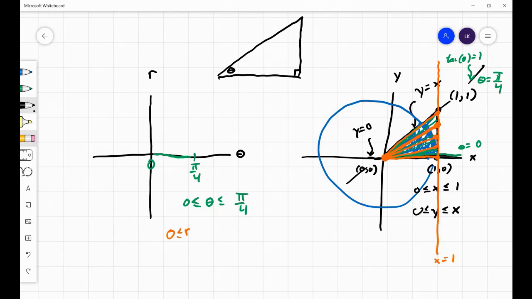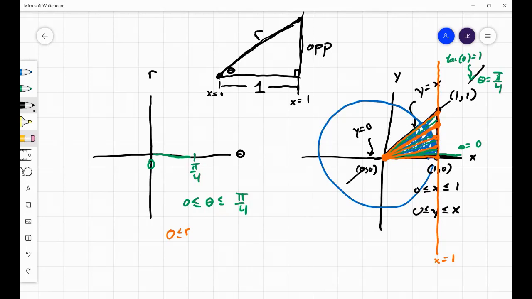So this is theta. Notice that we would let theta go from 0 up to the line where x equals 1. So think of a right triangle where the adjacent side relative to theta has a length of 1. And the hypotenuse, as somebody said, is r. It's the maximum value of r.